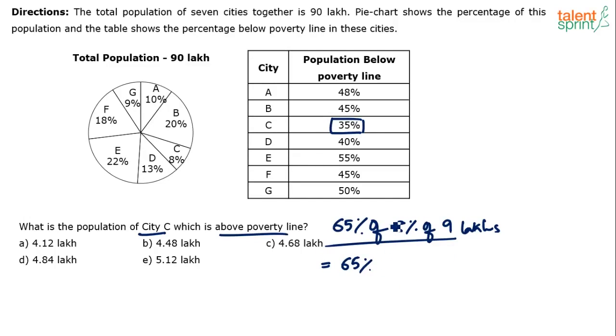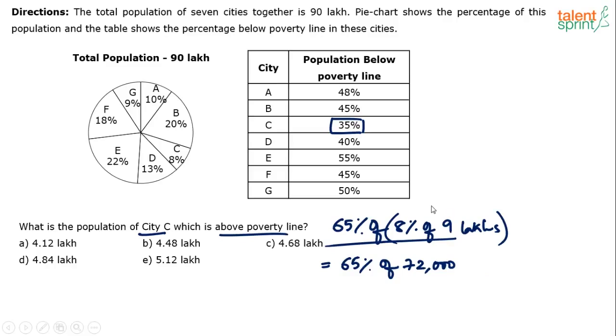Let me do it this way first. 10% of 9 lakhs is 90,000. 2% of 9 lakhs is 18,000. 90,000 minus 18,000 is 72,000. So 65% of 72,000. Again, I can say 65% is 50% plus 10% plus 5%. So 36,000 plus 7,200 plus 3,600. So 36,000 plus 10,800, 46,800.